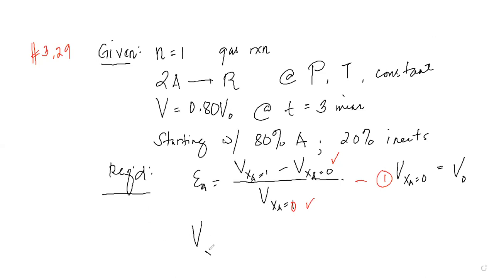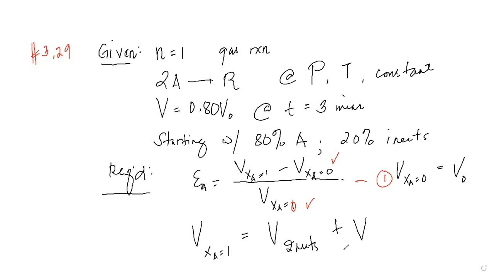The volume at 100% conversion, of course, will take into account the volume of the inerts. Because you have inerts, this particular inert volume will still be the same even if you have 100% of your species being converted. So you have the volume of the inerts plus, if your A is already 100% converted, the volume of the what in this case?